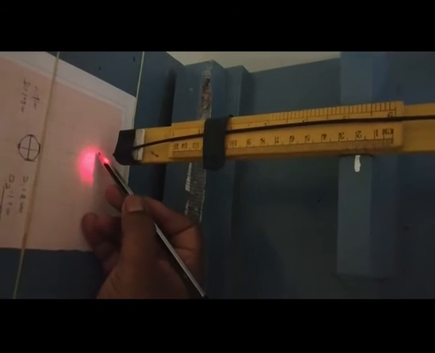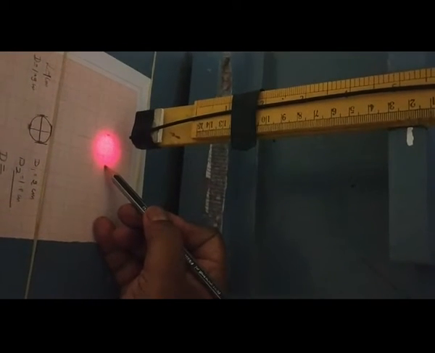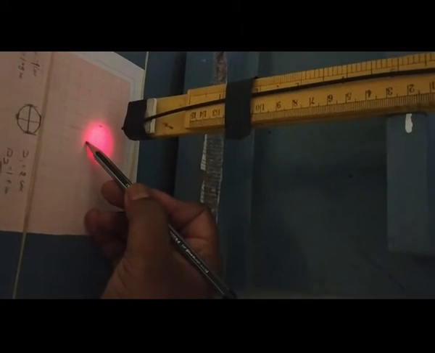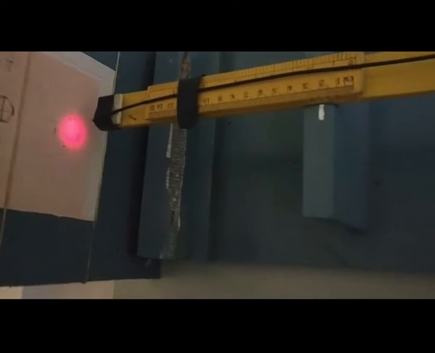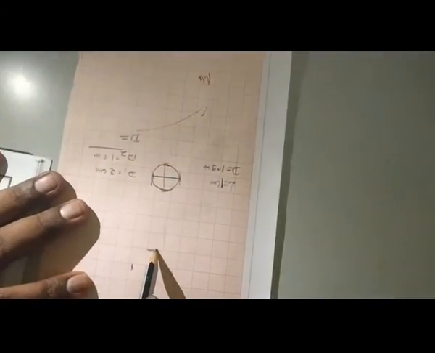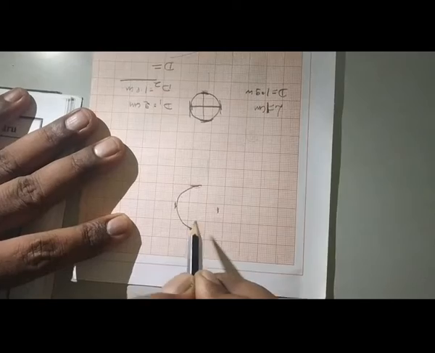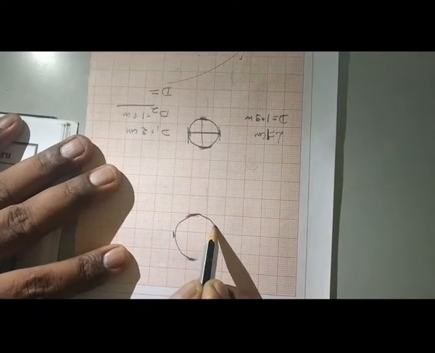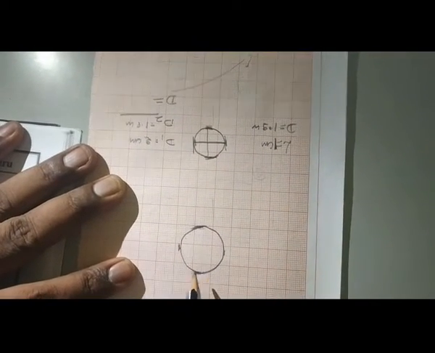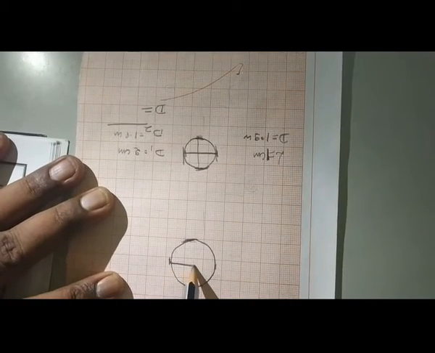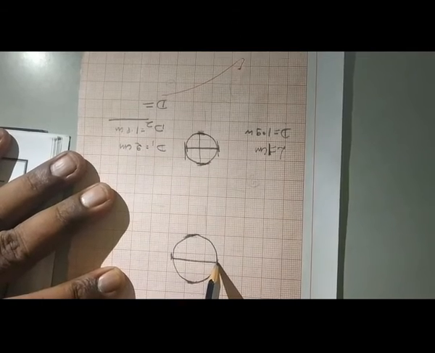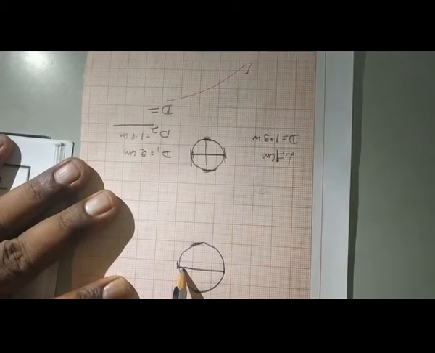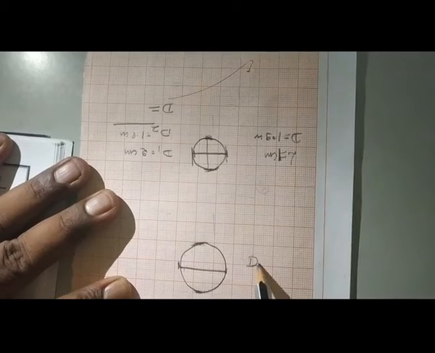So this is for 2 centimeter. You mark the edges of this brighter circle carefully. You draw a circle with the help of a compass. Then again you measure the horizontal diameter. So now it is about 2.3 centimeter.